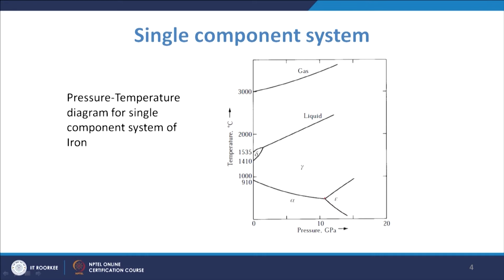So if you change either temperature or pressure, you are basically going into different phase regions, so you will not be at that point. Normally that is indicated by a point. So that is the three-phase region. So this is about the single component system.